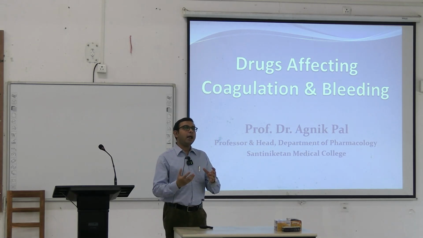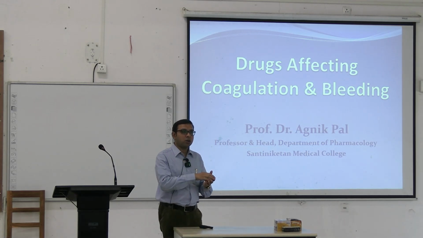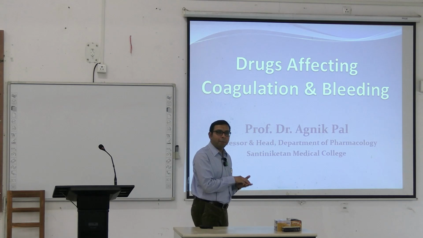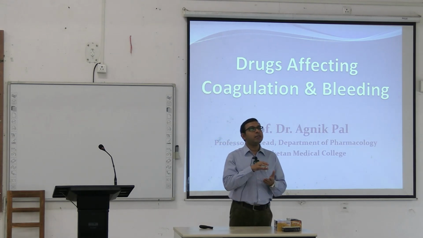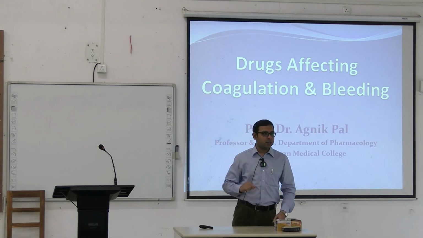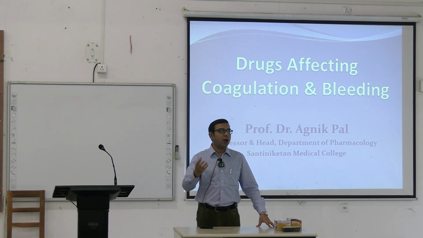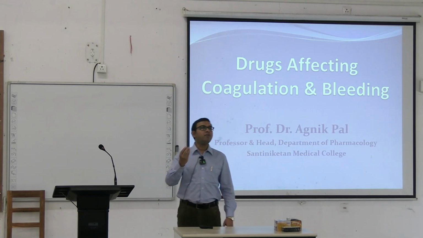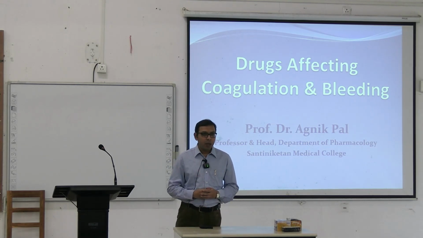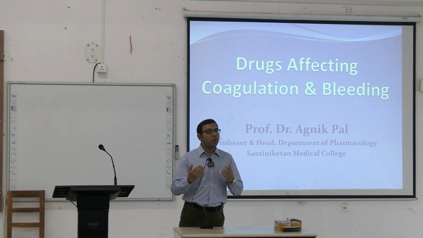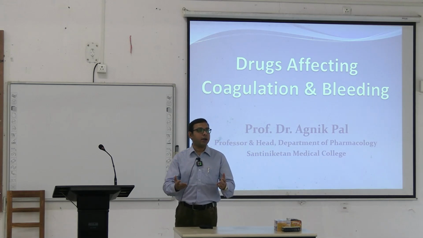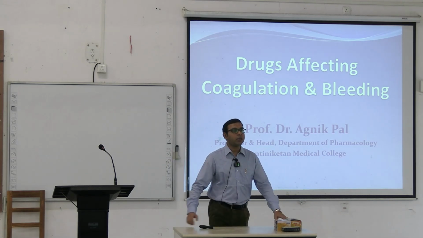This platelet plug has to be anchored to the endothelium to stop the bleeding, and this anchoring is done by the coagulation factors. These coagulation factors are mainly prepared in our liver, and they are present in a zymogen form, that is, an inactive form, and these inactive coagulation factors have to be activated in this coagulation cascade.